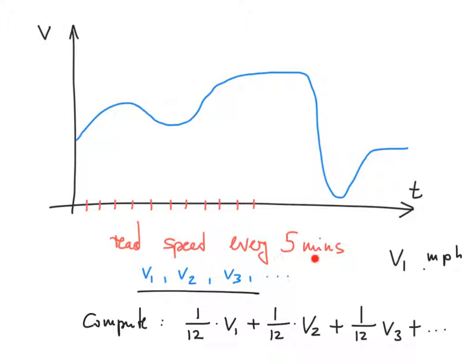But we only drive it for 5 minutes, so that's why we have to multiply by 1/12. So this would be an approximation of the distance driven in the first 5 minutes.